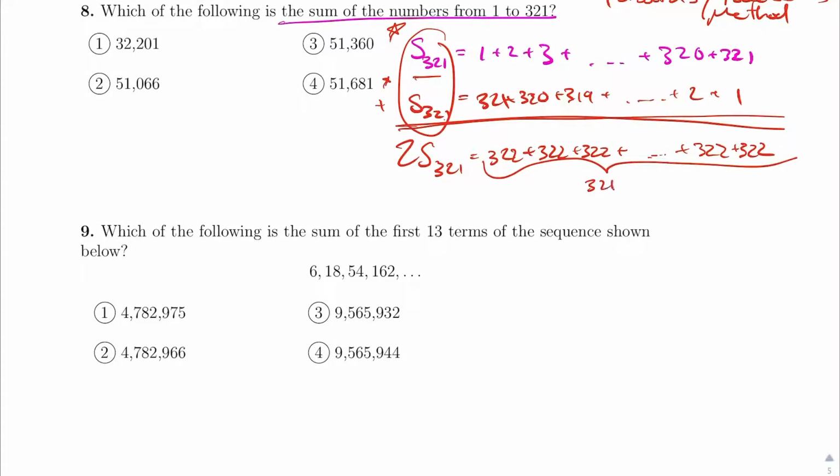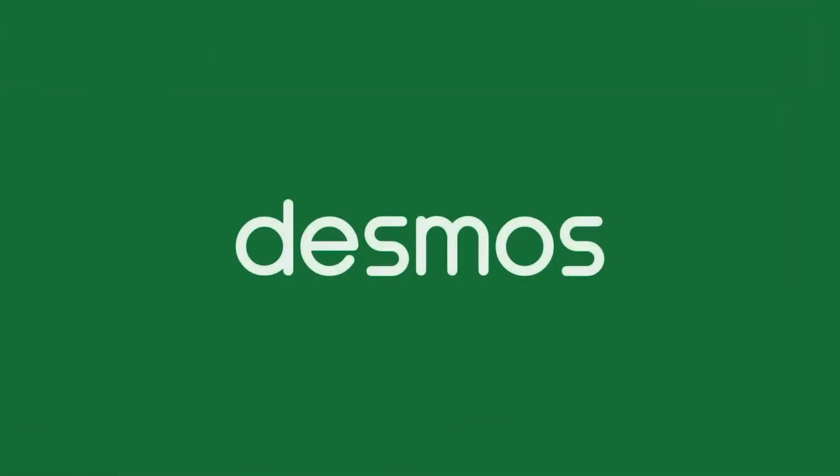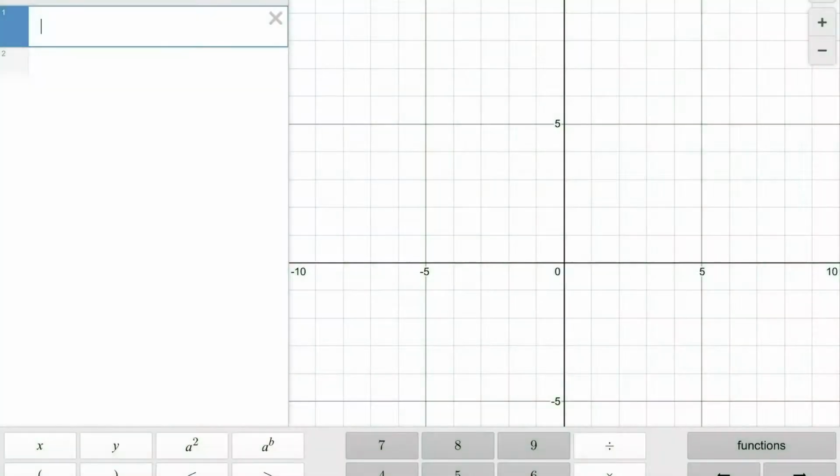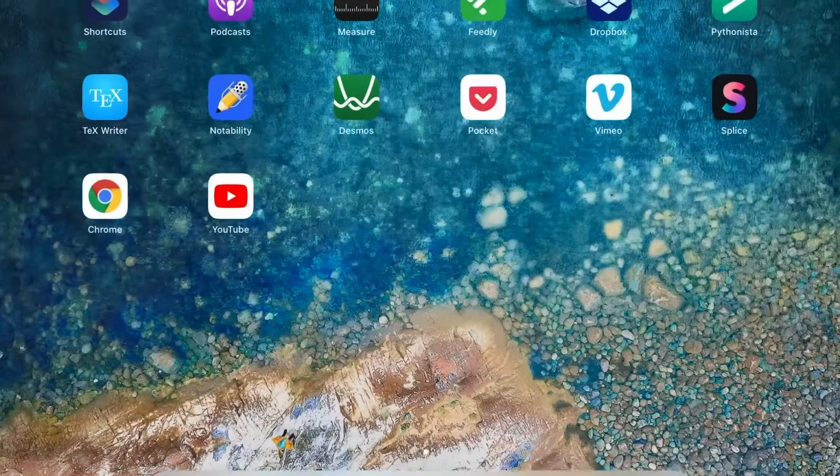So we have 321 of these. So we get 2 S_321 is equal to 322 times 321. We divide by 2 on both sides, and that gives us S_321 is equal to 51,681.